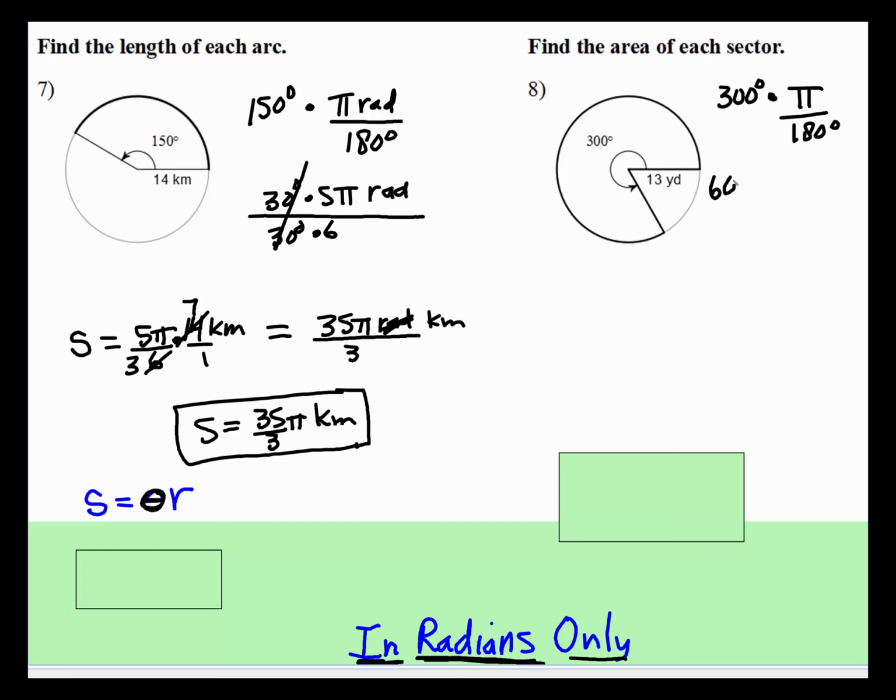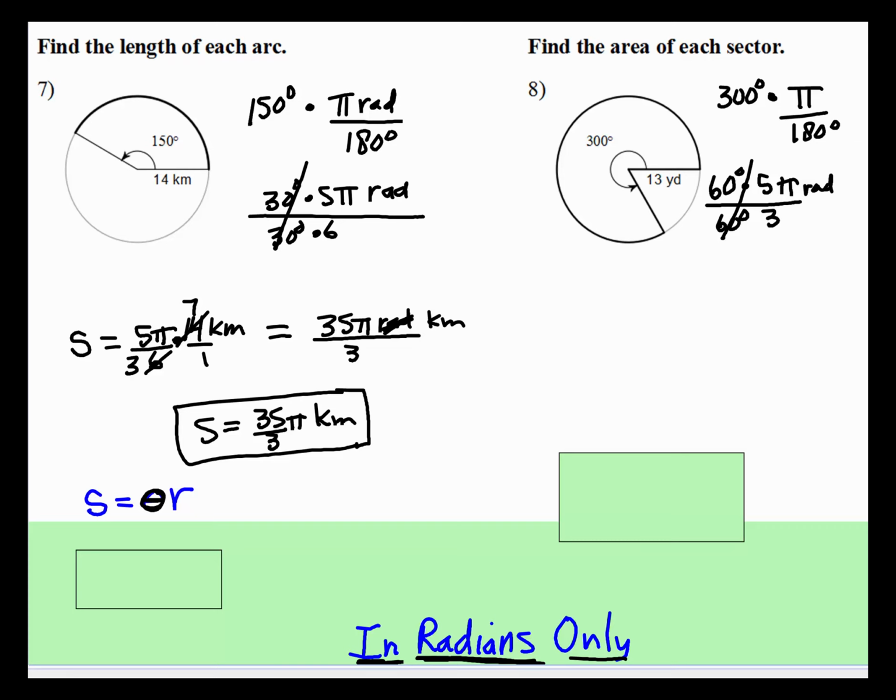So 60 degrees times 5, and then times pi, over 60 degrees times, and we're talking about yards now, so this is radians, sorry, times 6 times 3, so times 3. There we go. Those cancel. 60 times 3 is 180. 60 times 5 is 300.